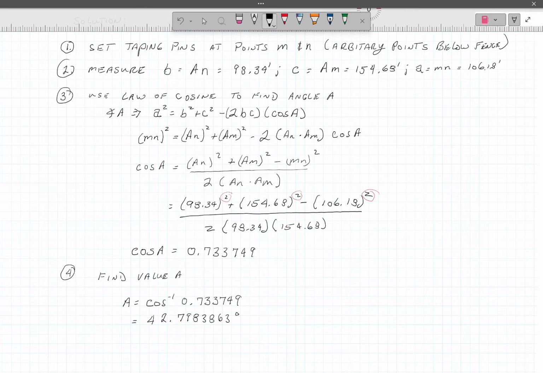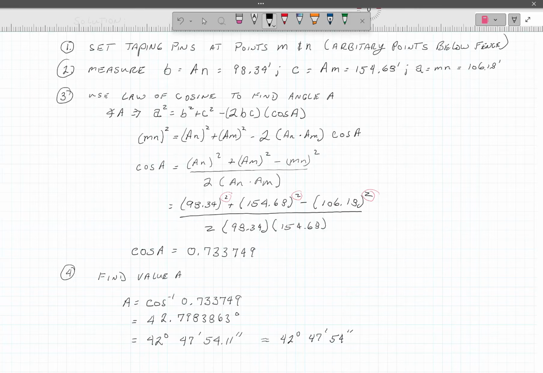I'm going to have 42 degrees, 47 minutes, 54.11 seconds. We can round that to 42 degrees, 47 minutes, 54 seconds.